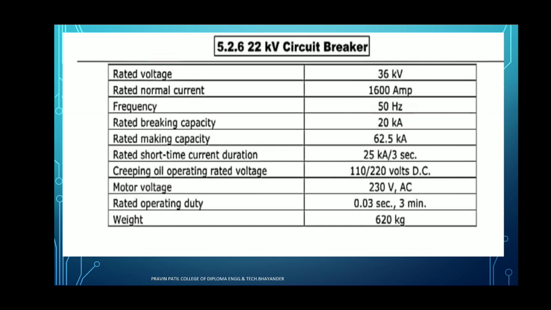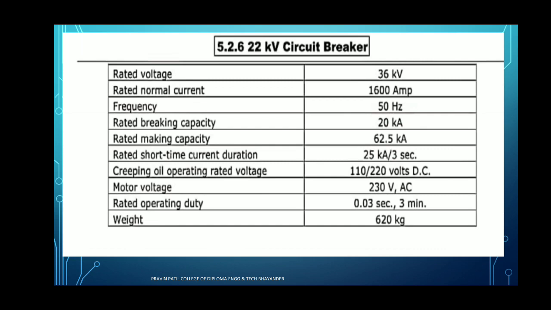That equipment is installed in the 132 kV substation. This is chapter number 5 of Electrical Substation Practices.